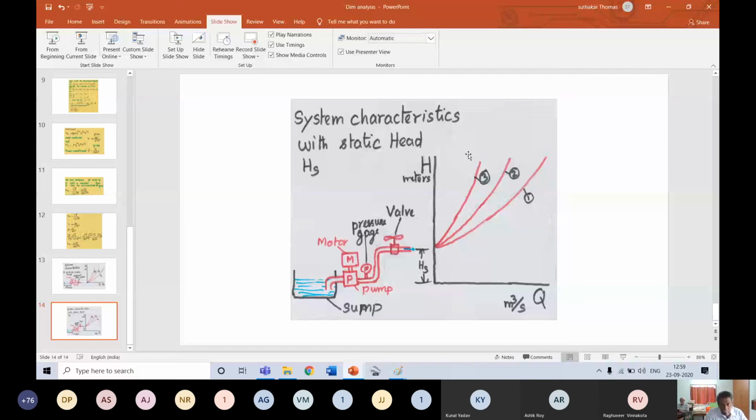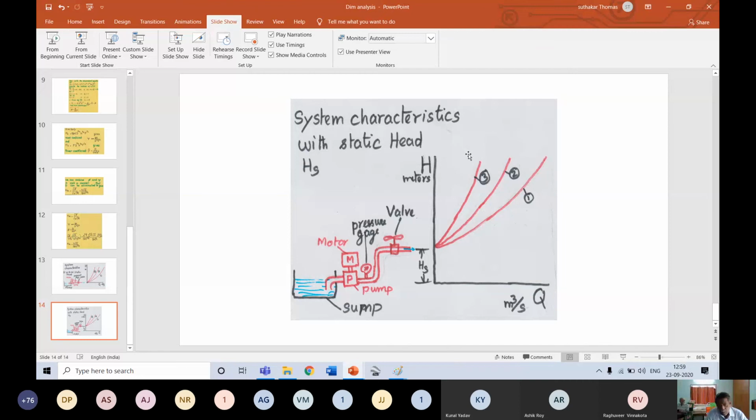Then about the specific speed or the shape number. Why is that particular name, shape number, given? I think you might not have heard about the term shape number. Maybe specific speed, because you have done the fluid mechanics lab, and I think in one of the classes you were divided into 2 batches.